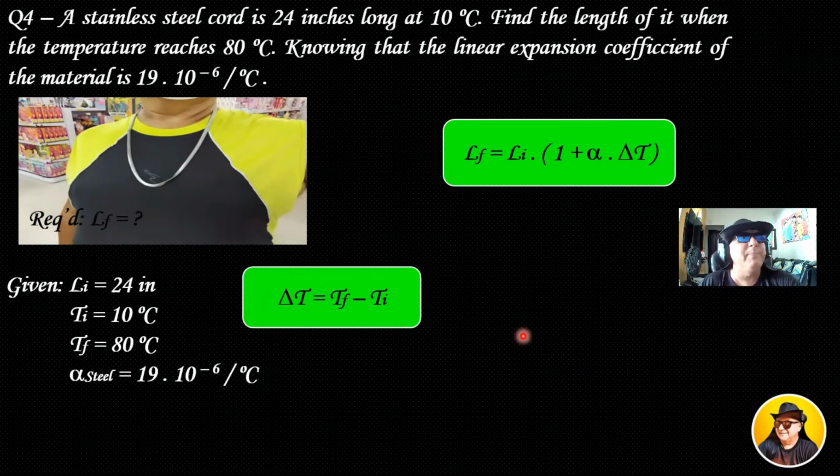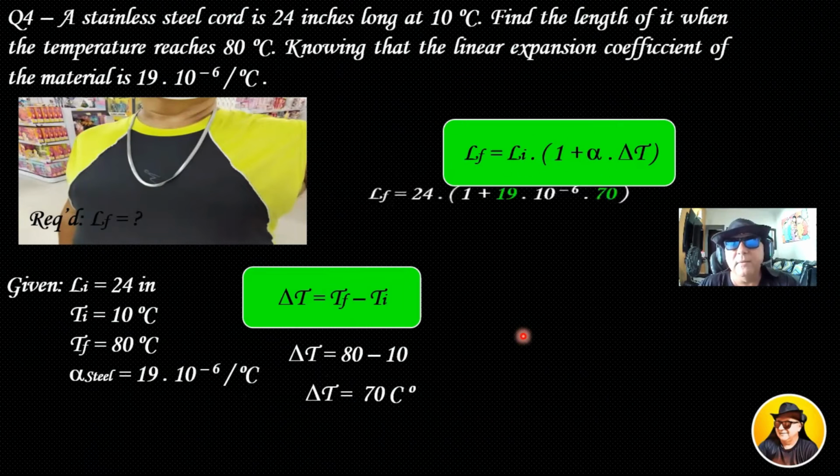Okay? So let's plug the values into the formula. So, okay, let's find delta T. Delta T is 80 minus 10. That gives 70. So delta T, the change in temperature is 70 Celsius degrees. Now, let's plug the values into the formula.